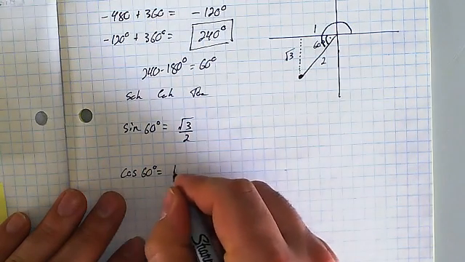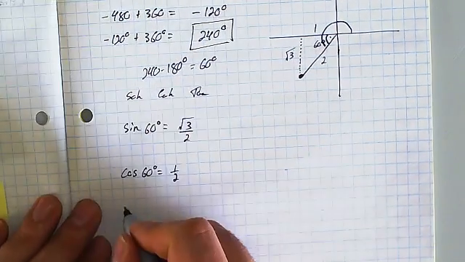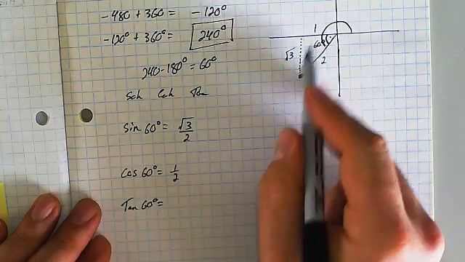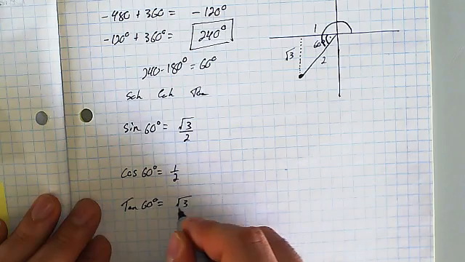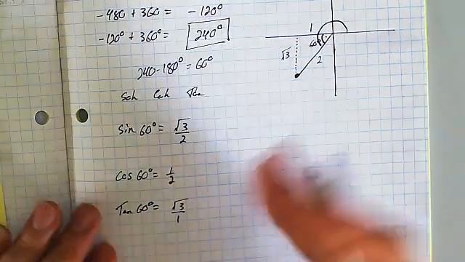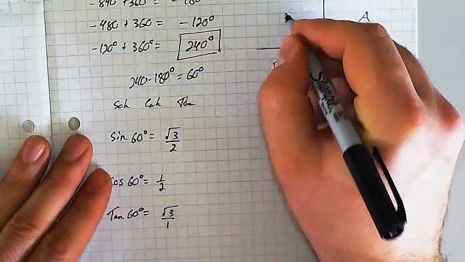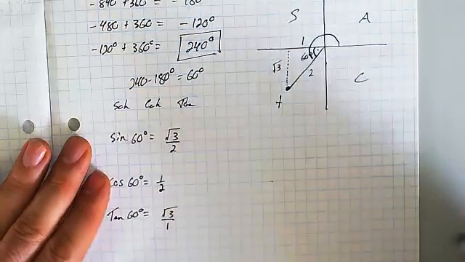Cos of 60 degrees is the adjacent divided by the hypotenuse, so it's going to be a half. And TOA is going to be tan 60, which is opposite over adjacent, so root 3 over 1. Technically it's root 3, we'll go from there.